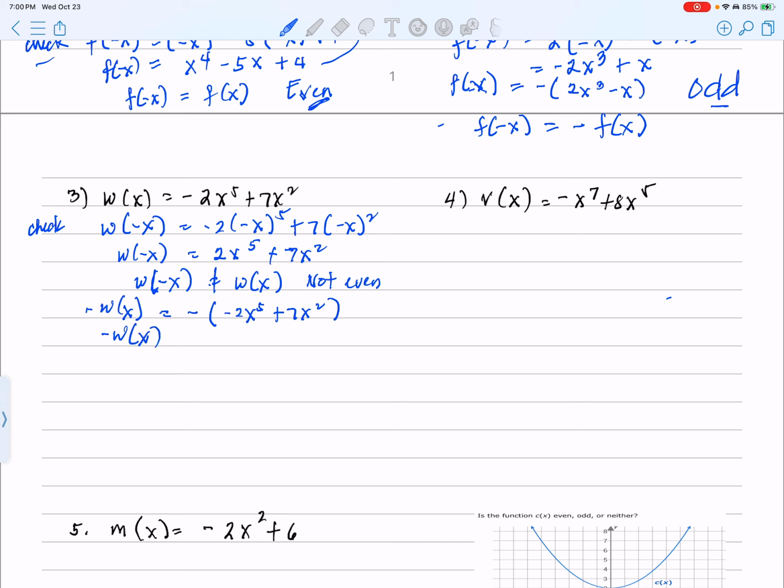So a negative times a negative, that would be a positive 2x to the fifth minus 7x squared.